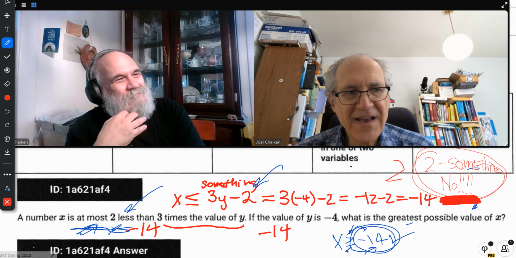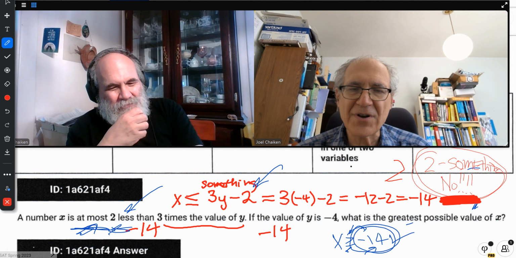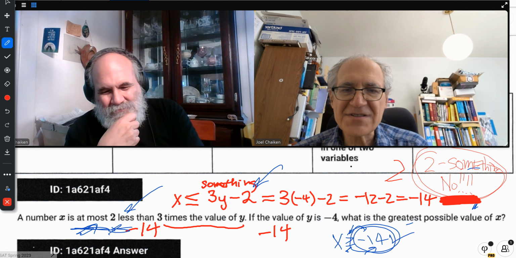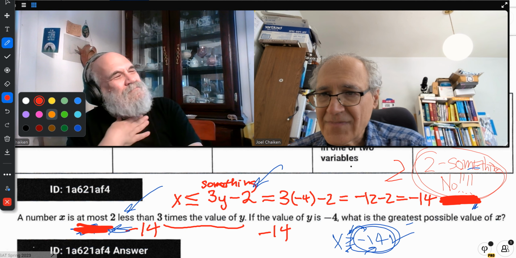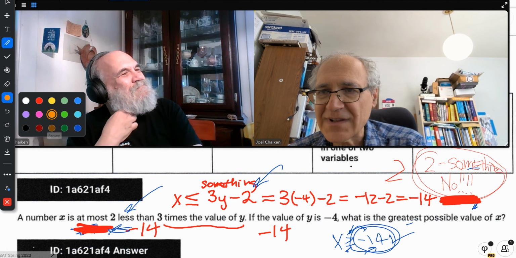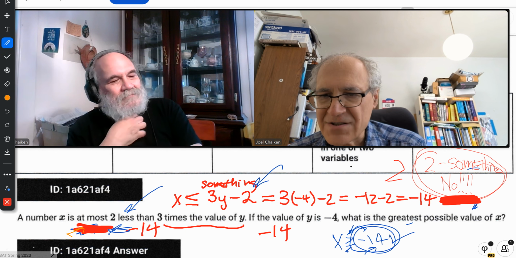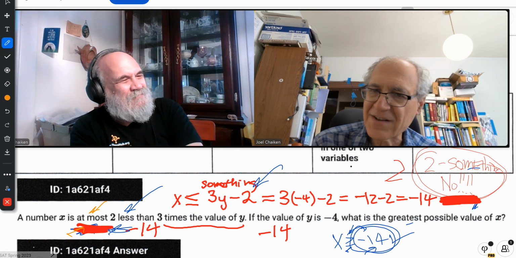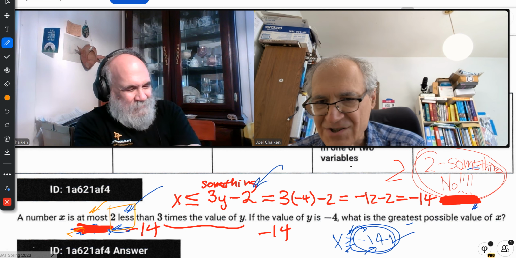Special that makes you do it faster. The main idea is certainly translating English into math on inequalities, and understanding and dealing with this language related to inequalities, which you have to be very careful about. These are confusing. Think about it carefully, and also be careful about this two less thing.